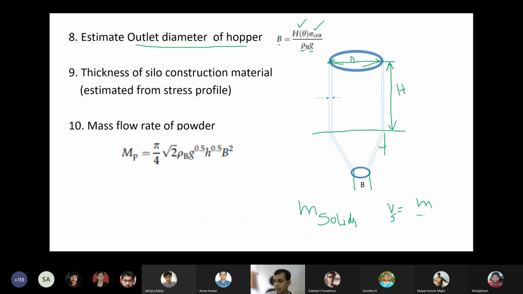Mass by bulk density. This is the volume of solids that needs to be stored. So this volume of solids to be stored equals the volume of this plus the volume of this cone. V plus VC.